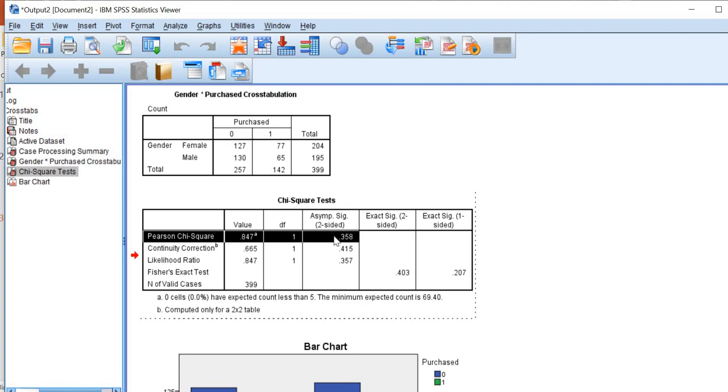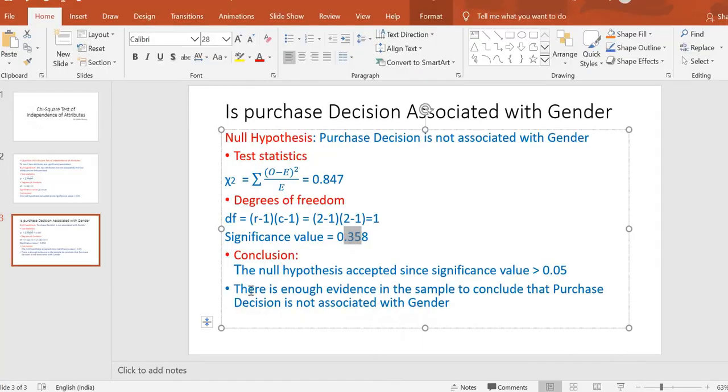As I mentioned, we are referring to the first row alone here. The test statistic value is 0.847 and the significance value, which is also called the p-value, is 0.358. So what is the conclusion? The p-value is more than 5%, which is considered the level of significance.